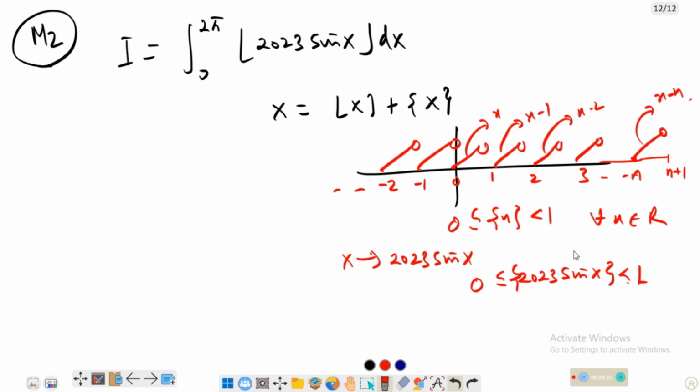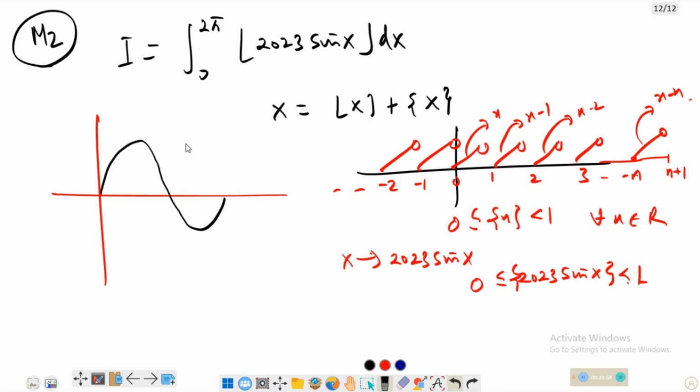So if we plot the graph of the fractional part of 2023 sin x, since sin x times 2023, this is 2023, this is minus 2023. This is 2023 sin x.